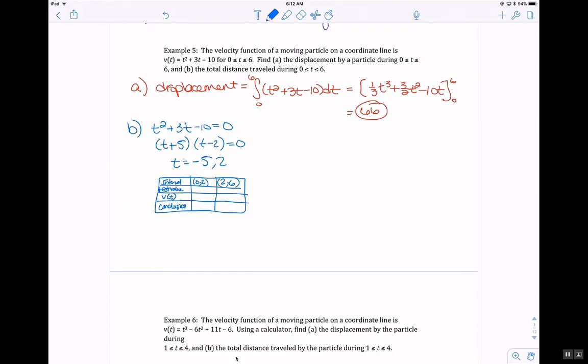And when I pick values, like t is equal to 1 and t is equal to 3, my velocity is then less than 0, and then my velocity is bigger than 0. So here my particle is moving left, and here my particle is moving right.